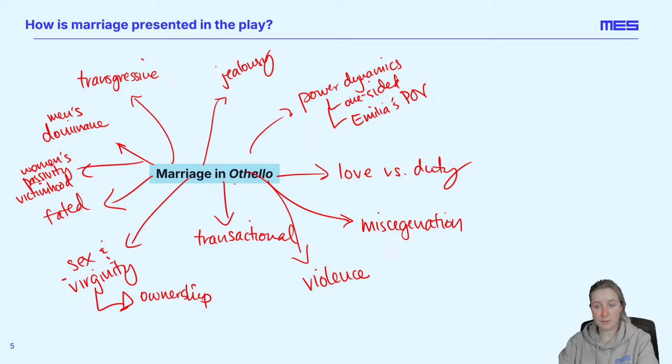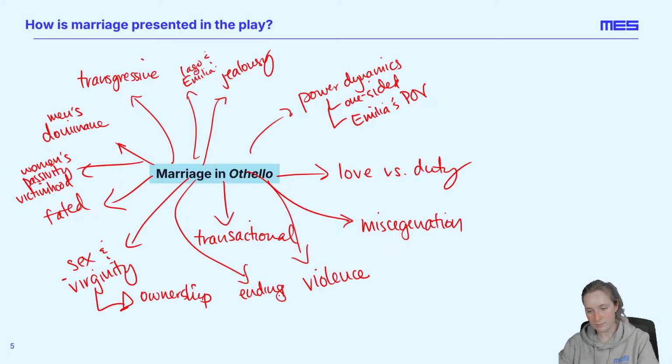We can focus on, for example, Iago and Emilia's marriage, and what Emilia says is the role of a wife, but also the fact that he kills her in the end. Endings of marriage would be crucial as well here, right?